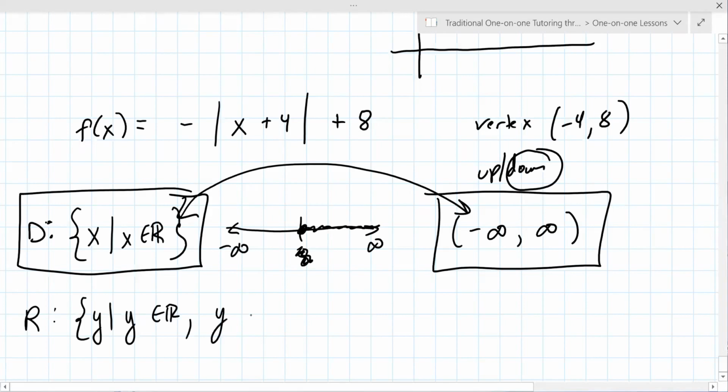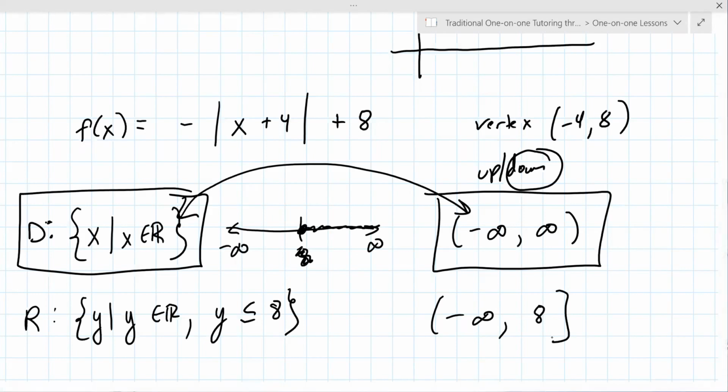Y is less than or equal to 8. That's right. And then that would be negative infinity to 8, with a bracket. The brackets on the number, yes, parenthesis with the infinity symbol.